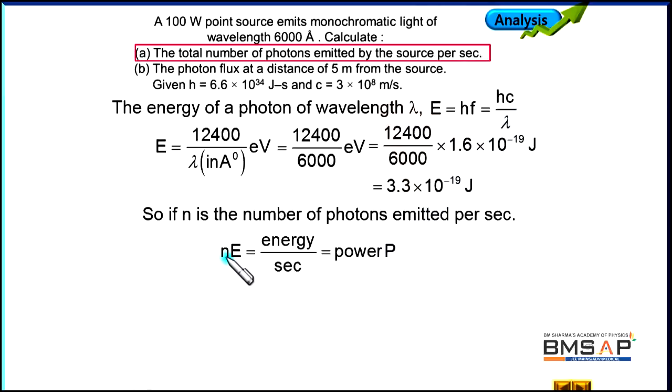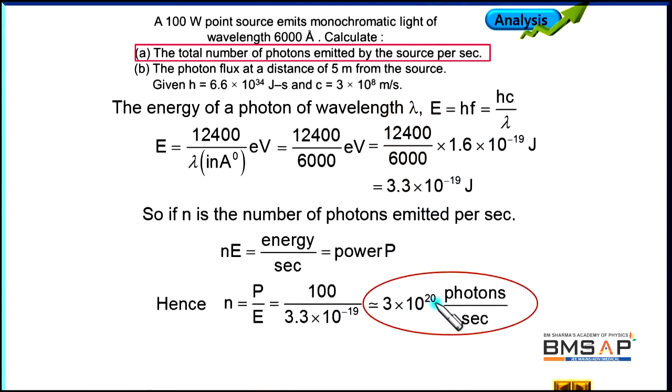We can find the value of N equal to power divided by E, and we are given the power value 100 watt, and E equal to, in joule, 3.3 into 10 to the power minus 19 joule, and after calculation it is equal to 3 into 10 to the power 20 photons per second. So this is the first part of the question.